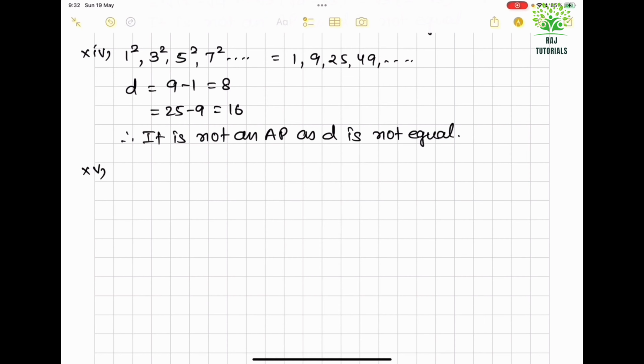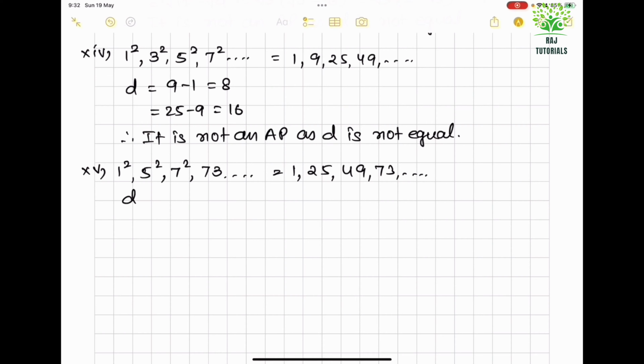Then the 15th, 1 square, 5 square, 7 square, 73, and so on. So this I can write as 1, 25, 49, 73, and so on.